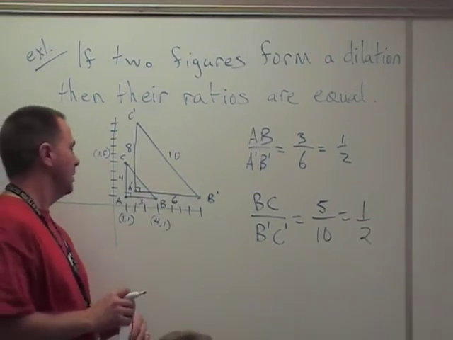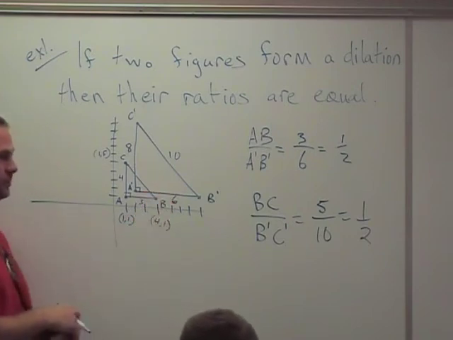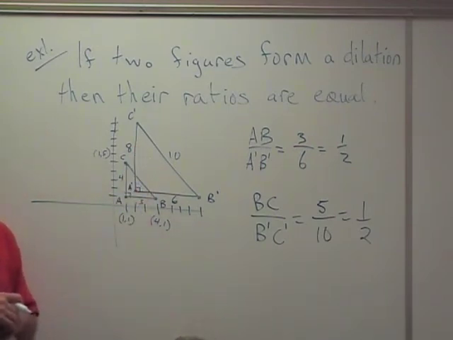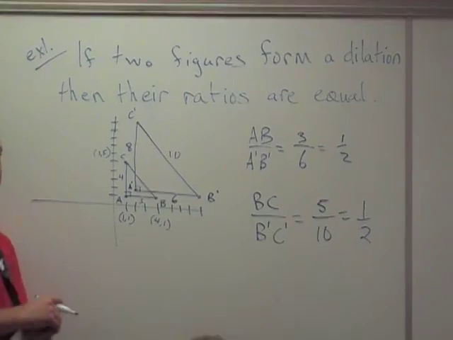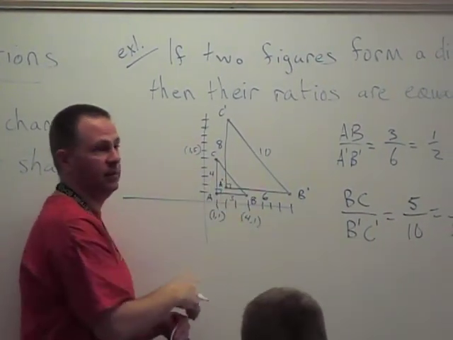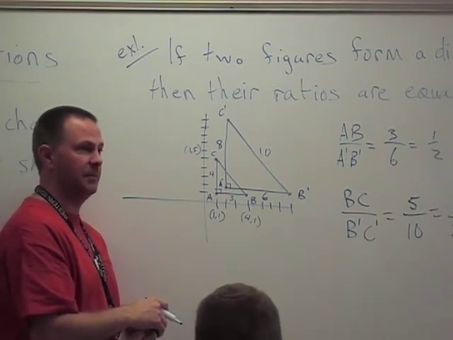Now, to figure out what you did from one to the other, you went from a smaller triangle to a larger one. How much did it dilate? What are we multiplying by? 2. 2 times 3 is 6, 2 times 4 is 8, 2 times 5 is 10. The dilation factor is 2. Got it?